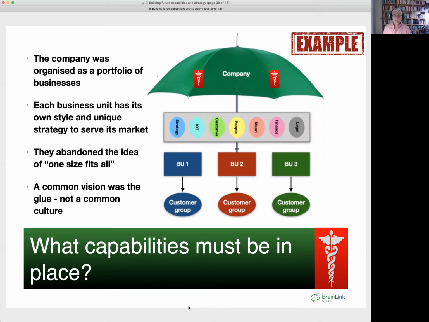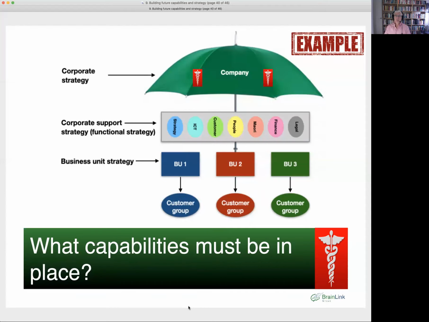And the second part of the capabilities they put in place was they made a clear distinction, and I sincerely hope that you've discussed this concept in your other courses on strategy, where they separated corporate strategy, which is the portfolio strategy for the company, from business unit strategy, which is the strategy pursued by each business unit in meeting the needs of its customers, from corporate support strategy, which are functional strategies that they had at head office.